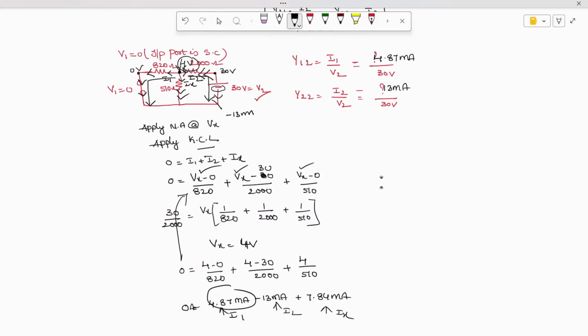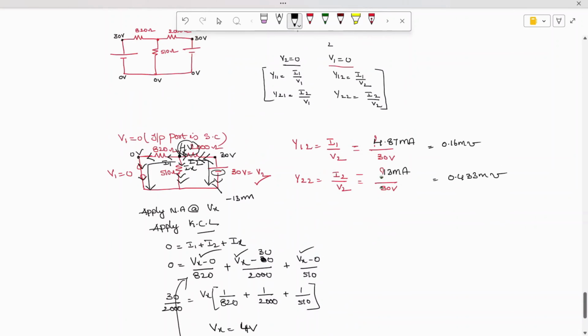So when you solve it, you are going to get 0.16 millimho, and here you are going to get 0.433 millimho.